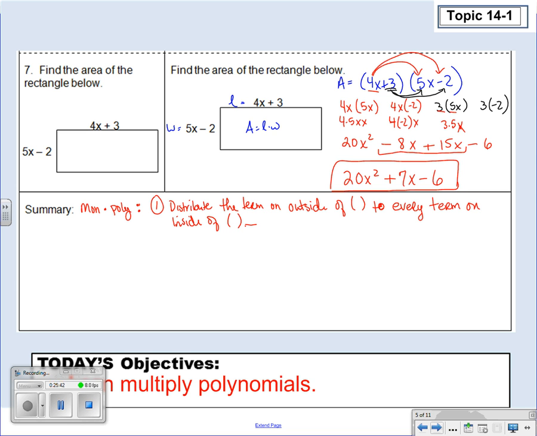That means we multiplied them. Second, we use the rules of exponents to simplify. And last, we combine like terms.